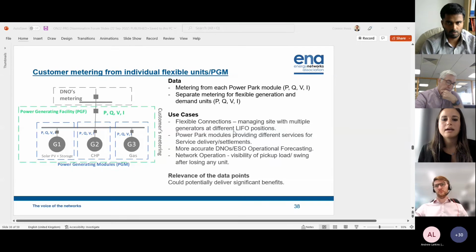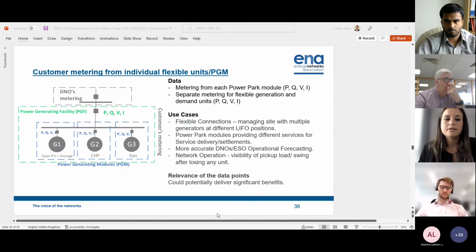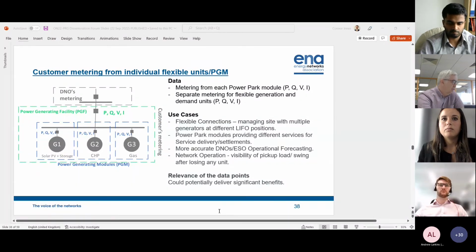As an example, if there is 20 megawatt generation and 20 megawatt flexible demand downstream on a site, the net metering would be 0, but having a view that if any of the units trips, we will have a pickup load of 20 megawatt is really useful for control engineers and to be able to protect the network as much as we can. So based on these use cases, these data points are considered to be beneficial and could potentially deliver significant benefits.